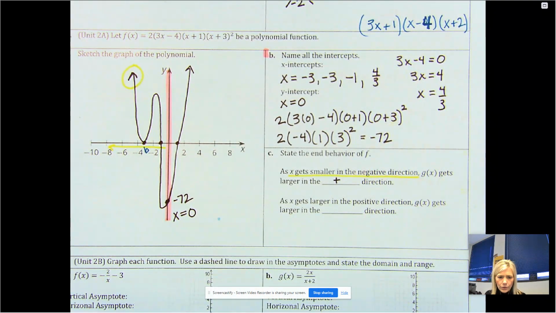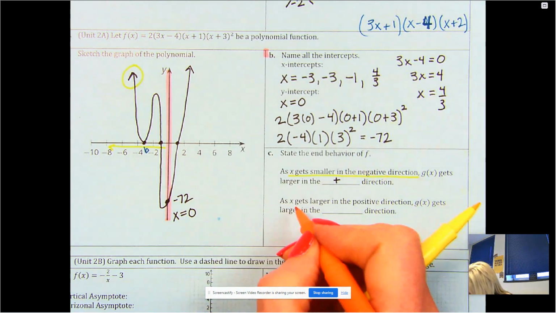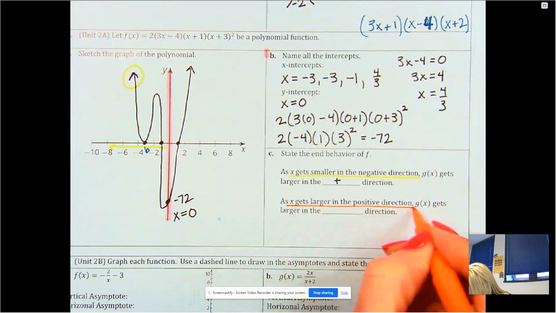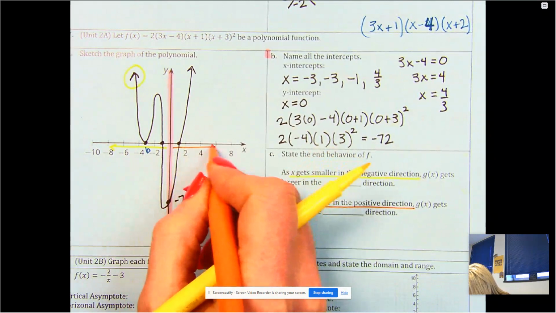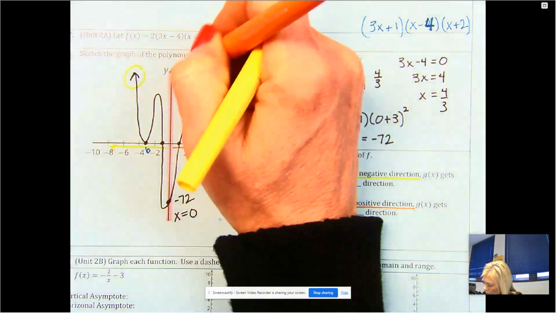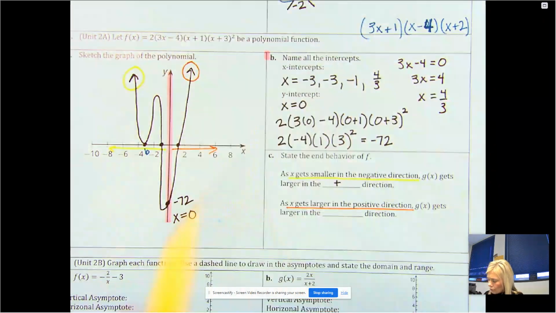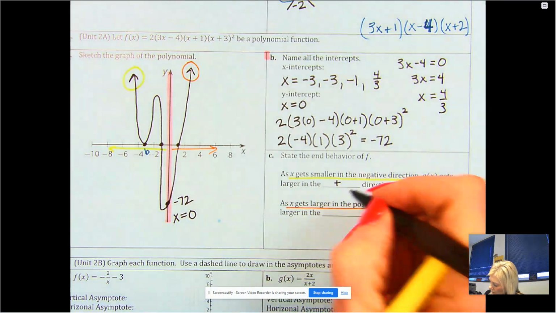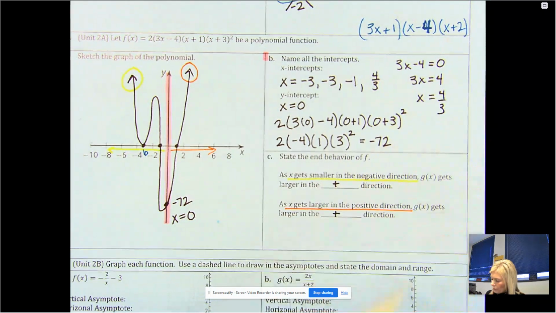And then on the other side, as x gets larger in the positive direction, that's this way, g of x, the function, it's also getting larger in the positive direction. Okay, so I'm going to put a plus right here for positive. All right, so that's what I wanted to cover about graphing polynomial functions.